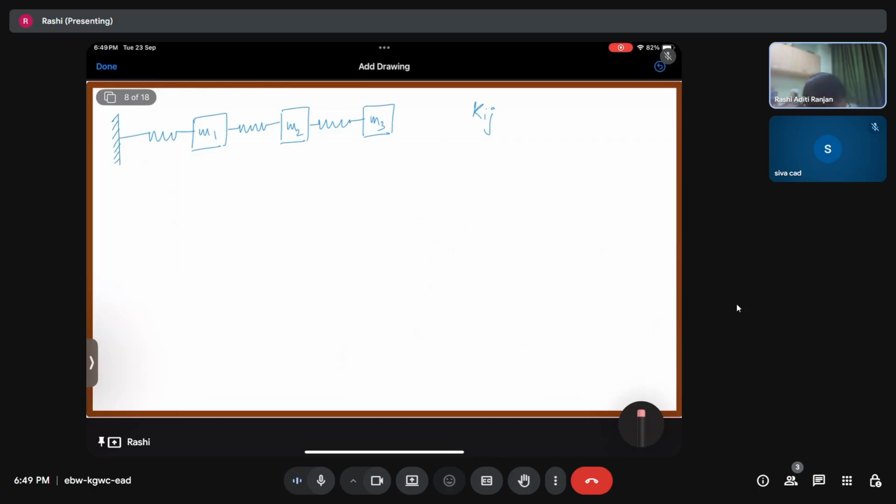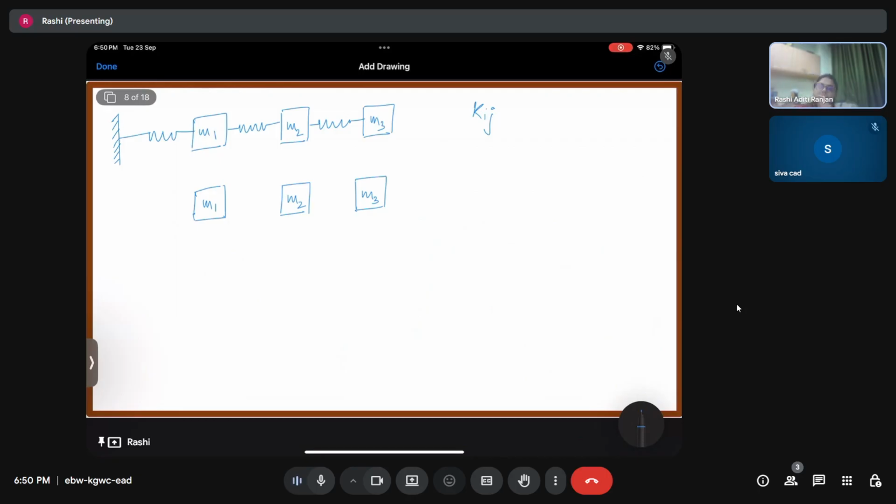First one is when, this is M1, this is M2, and this is M3. So the first case is when a unit displacement is happening for the point mass M1.